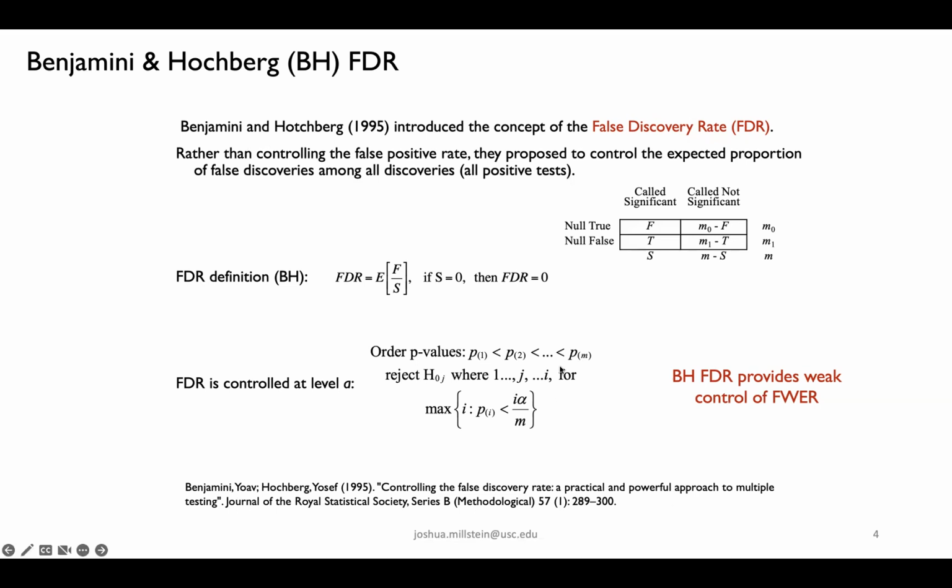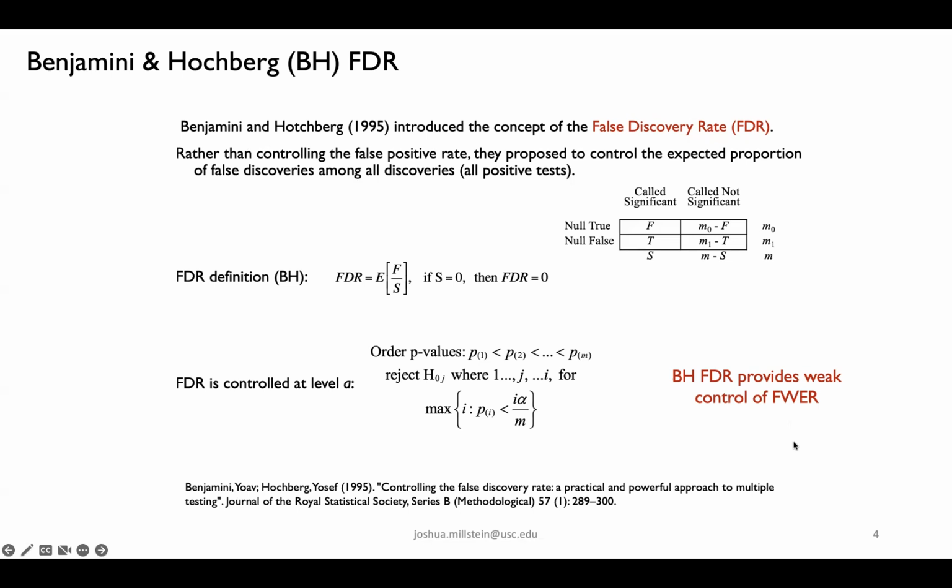I think most people know how FDR works. Any p-value that's less than this value, i times alpha over m, where i is the index of the ranked p-values, is considered a discovery at the alpha level.